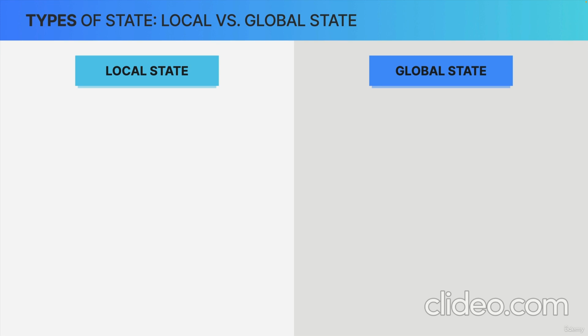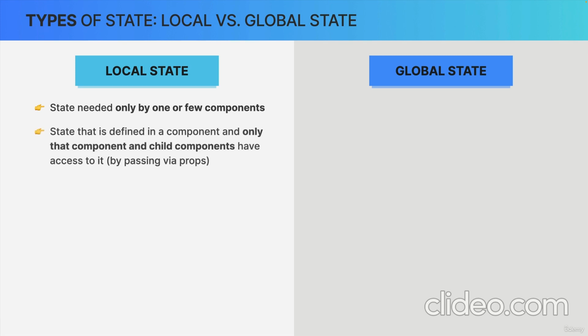So, local state is state that is only needed in one component or in a few different components, like child or sibling components. We simply create a piece of local state using the useState function inside a certain component. And that piece of state is then only accessible to that exact component and maybe to its child components if we pass the state using props.